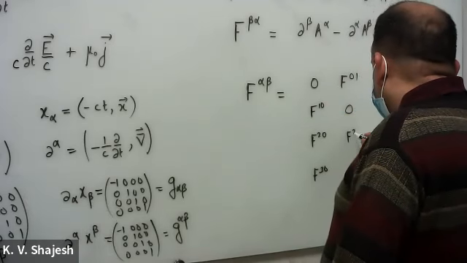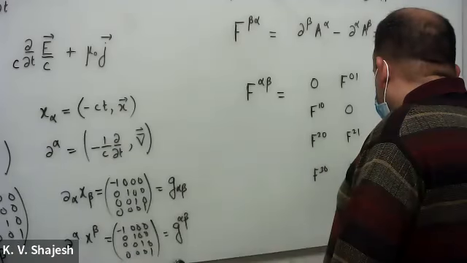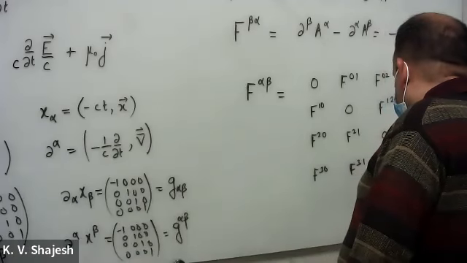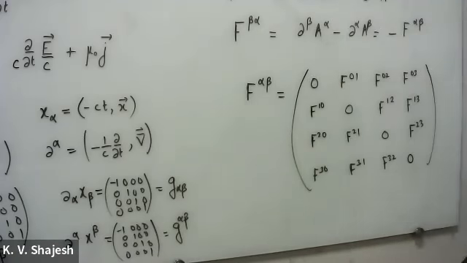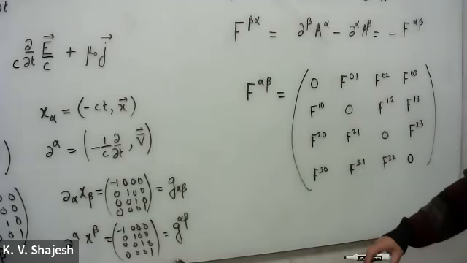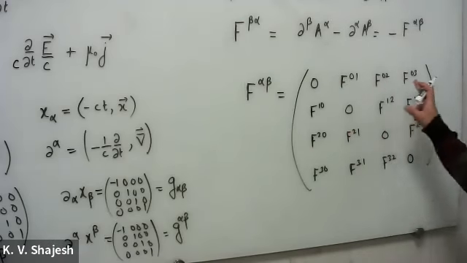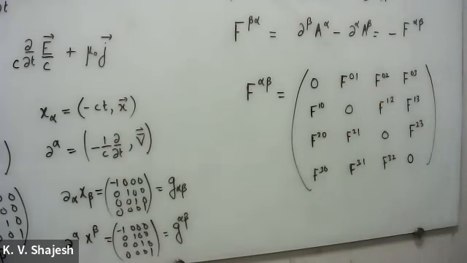This is F21, F31, and this is F32. These are not independent. There are 6 independent pieces here, right? The independent pieces are 1, 2, 3, and 1, 2, 3.